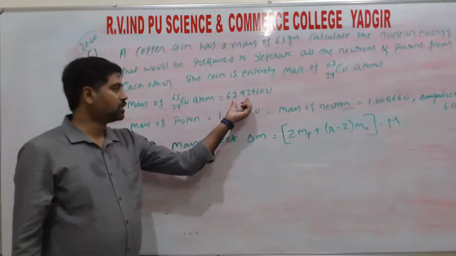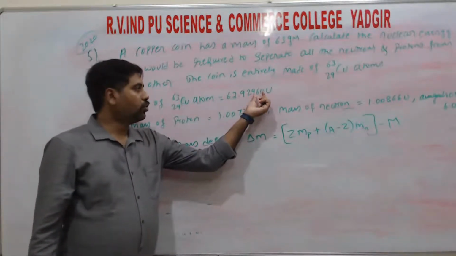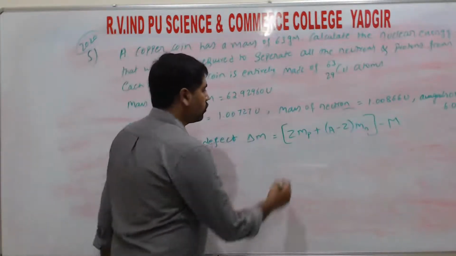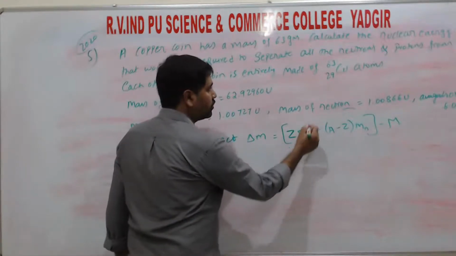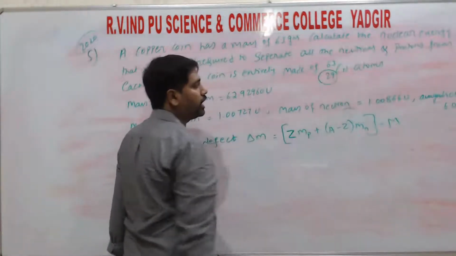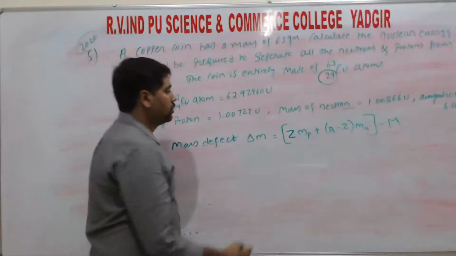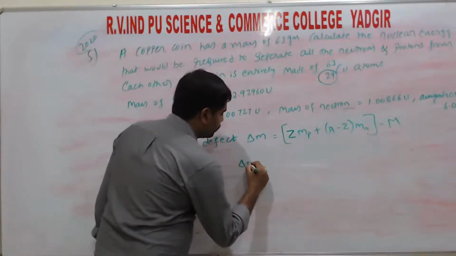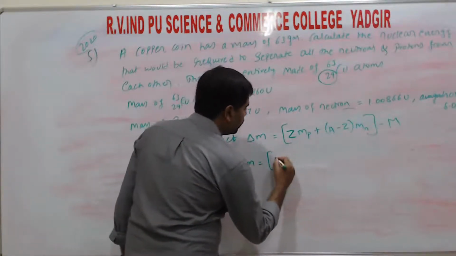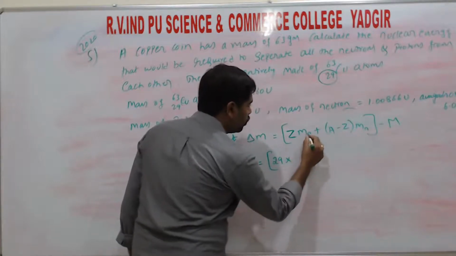They gave the rest mass as 62.9296, right? So here they gave Z. So Z is how much? That is 29, right?